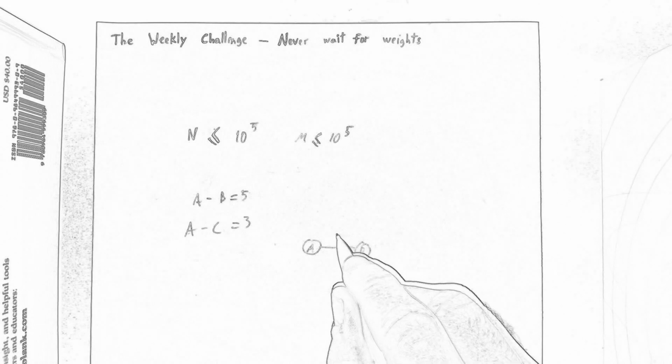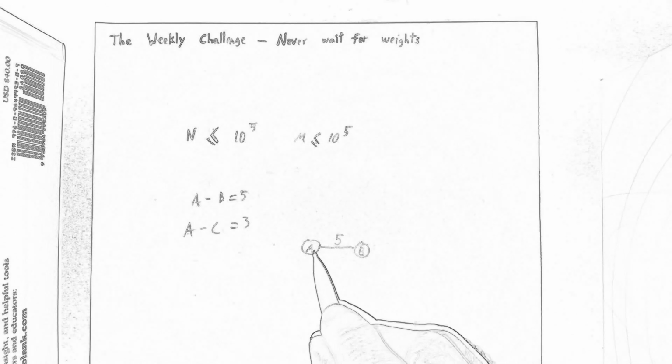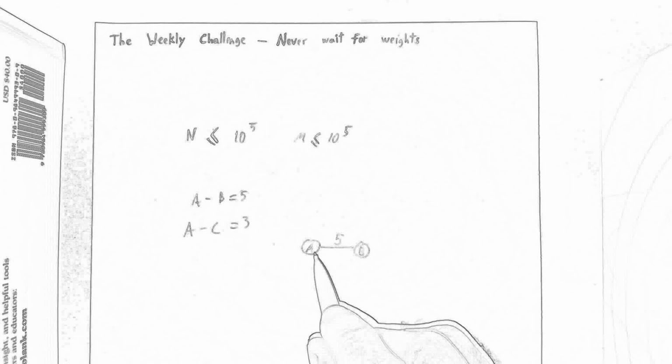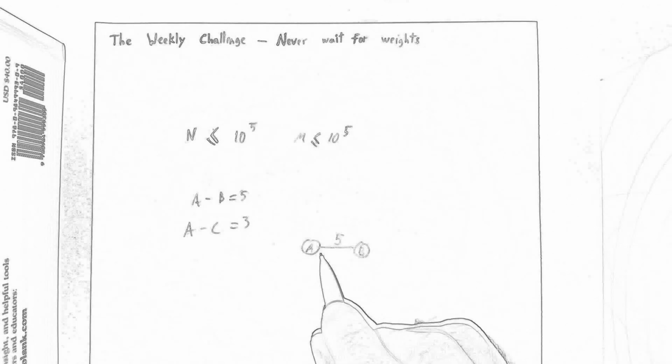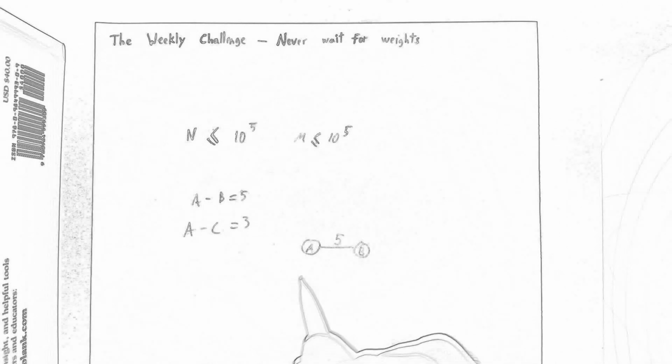and a number, a weight on the edge, telling us the difference between, let's say, the variable with the highest lexicographical name minus the value of the variable with the lowest lexicographical name.